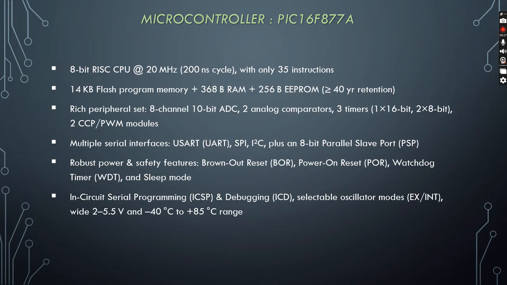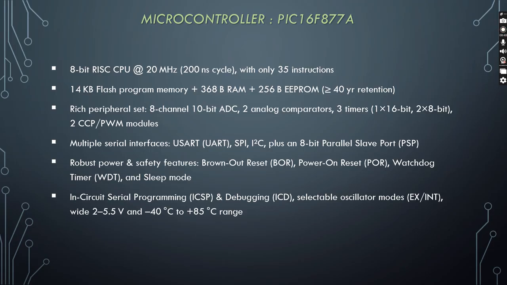In this project, we used the PIC16F877A microcontroller, which is reliable, low cost, and easily available. The main features of this microcontroller include an 8-bit RISC CPU architecture with a 20 MHz clock, 4 KB flash ROM memory, and multiple serial interfaces.